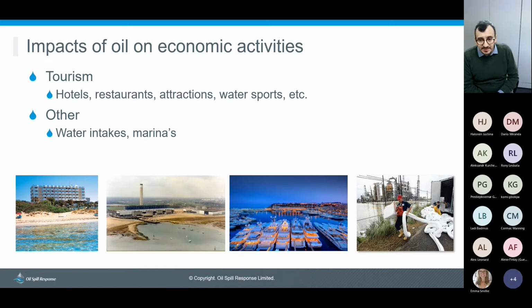This list of potential impacts and impacted industries is very long and ultimately dependent on the location of the incident itself and of the surrounding industries. So all of this will need to be considered where possible during early stages of the response, or even better in any planning process that will have been done through oil spill contingency plans and alike prior to an incident taking place.